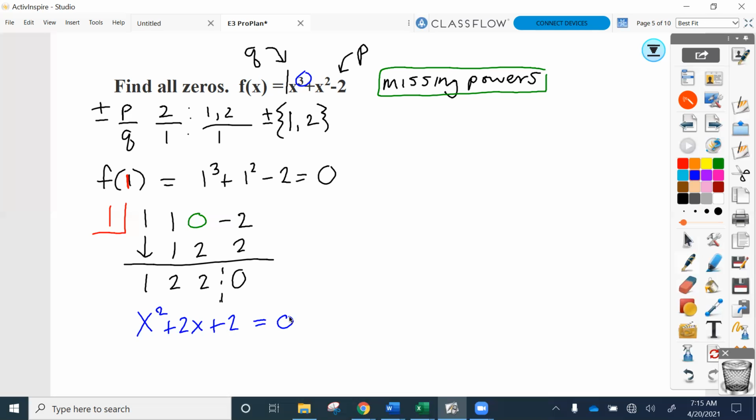Well, factors of 2 that add up to 2, this is not factorable. So what we could do is use the quadratic formula.